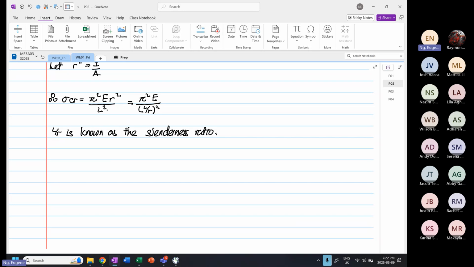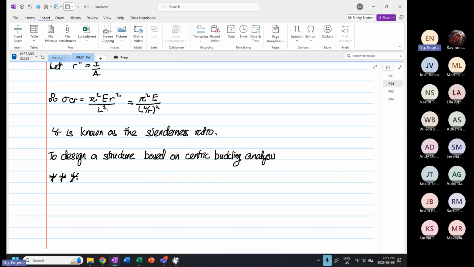To design a structure to withstand buckling, or for this case, centric buckling analysis, this is really important. When I put 3 stars, it means it's important.